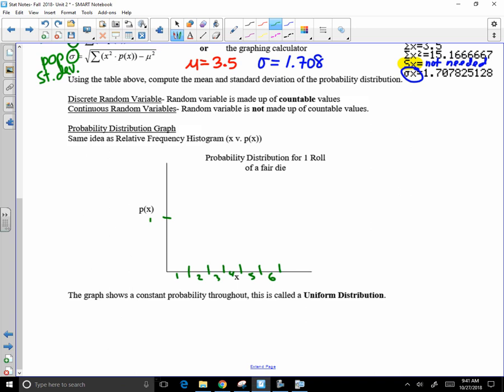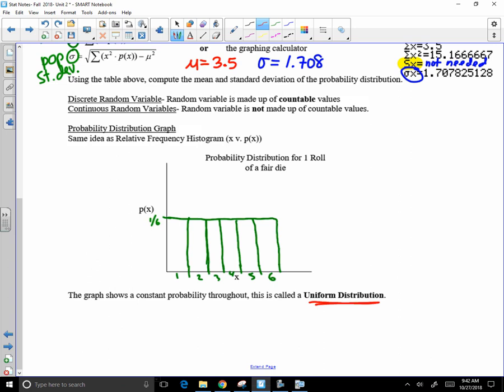Each one would occur 1/6 of the time. It's called a relative frequency histogram. Anything involving a probability, we call a graph of a probability distribution. But anyway, the heights of this distribution are all the same. It's unchanged from outcome to outcome. So that's why they call it uniform.